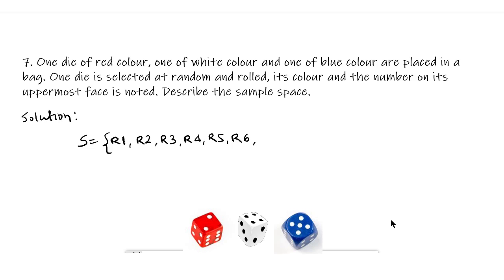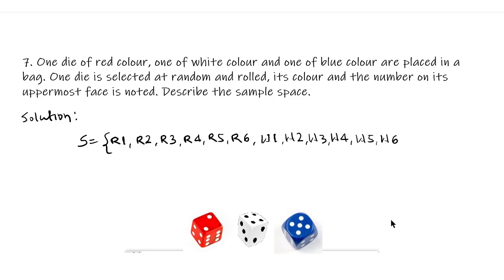And if white is drawn, then again all these 6 outcomes will be there. So W will be the white die and the number on the upper face is 1, W and 2, W and 3, W and 4, W and 5, and white die and the number on the upper face is 6.